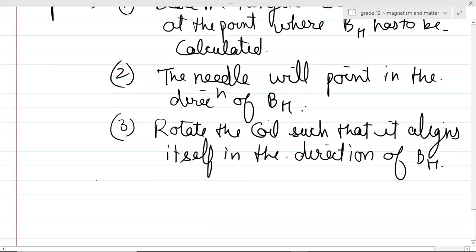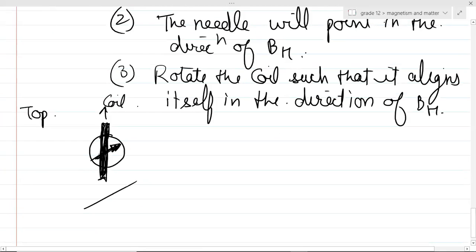So suppose when you see the coil from the top, does it look like this? Let's say at any particular point this is the magnetic needle, pointing like this. If the magnetic needle is pointing like this, then this is the direction of the horizontal component of the magnetic field.